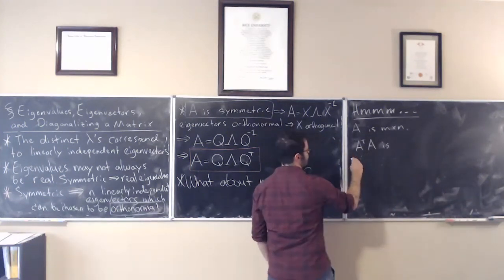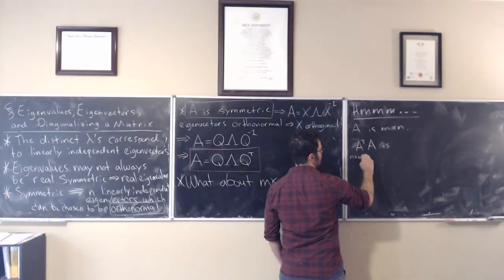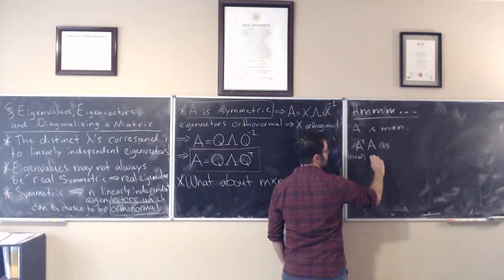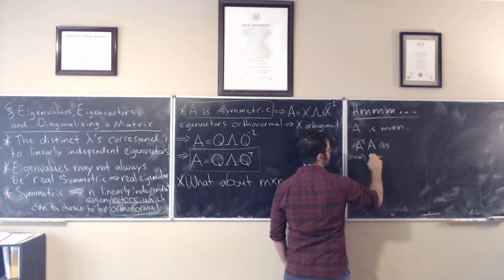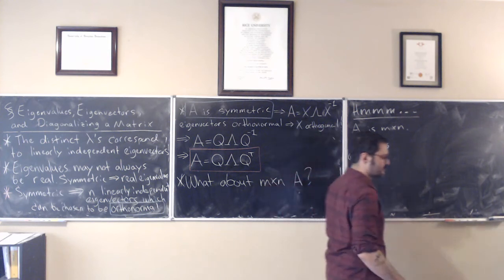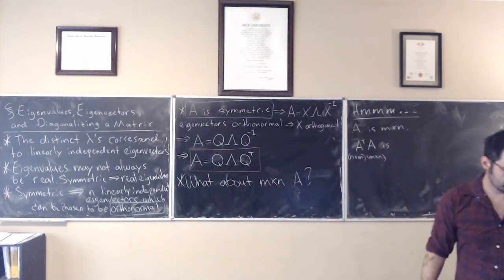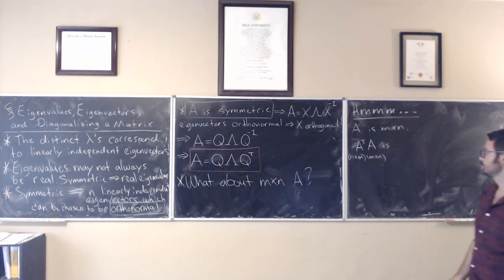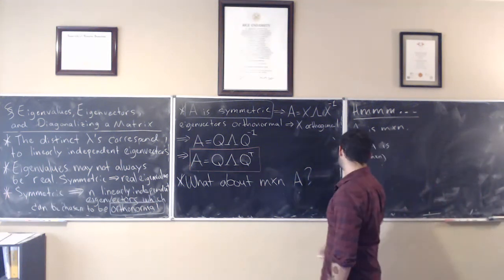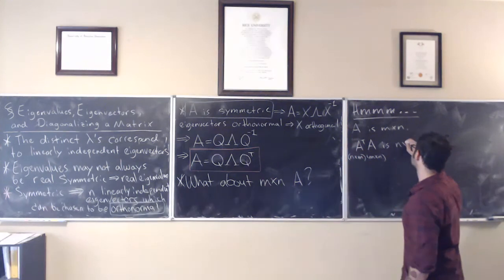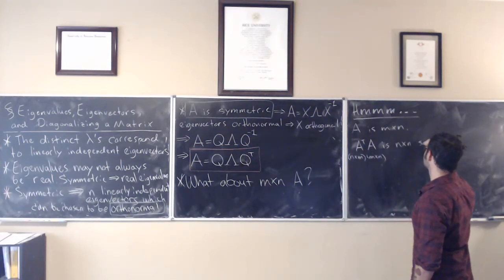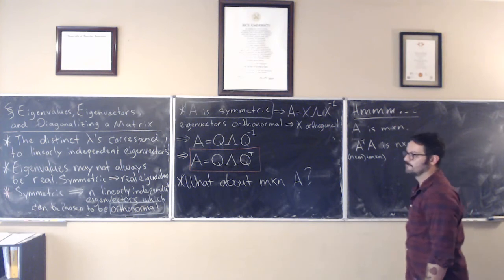So this is n by m, and then A is m by n. So what is the output going to be? N by n. N by n. Ah, so wait a minute. It's square. Okay.